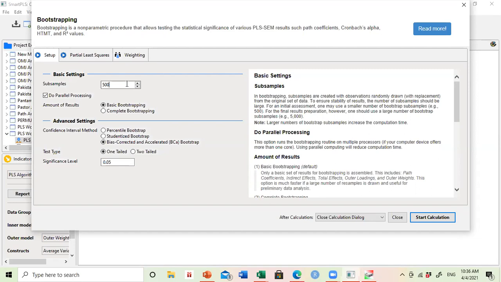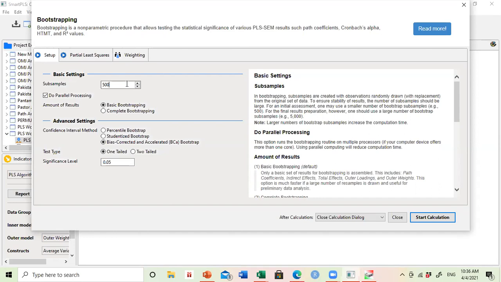On the left side there, we have explained sufficiently about the subsample. The recommendation is that we should leave basic bootstrapping, bias corrected, and one tail. We should leave those like that. The next thing is you look at the amount of result.